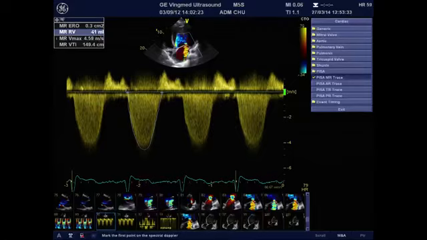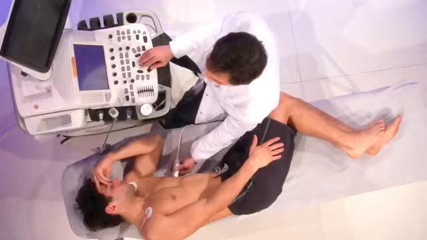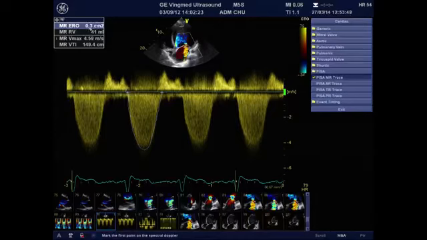But in case of secondary MR, due to the disease of the left ventricle, it has been shown that a value greater than 20 for the effective regurgitant orifice area is prognostically important, and we should probably consider an effective regurgitant orifice greater than 20 as indicative of severe mitral regurgitation in the context of secondary mitral regurg related to the ventricular disease and the severe remodeling of the left ventricle.